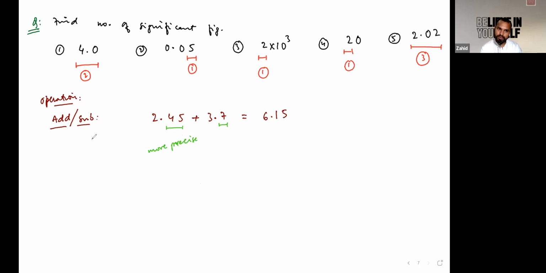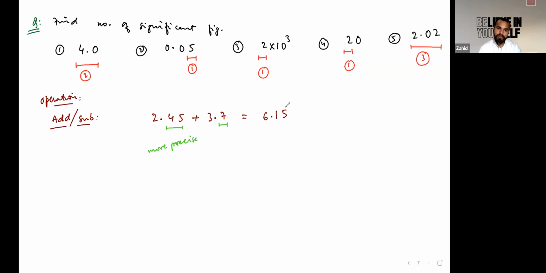According to the rule of significant figures, while adding or subtracting, the result of this operation should be reported in the least precise data related to the input. So we have in this input only 1 significant figure after the decimal.